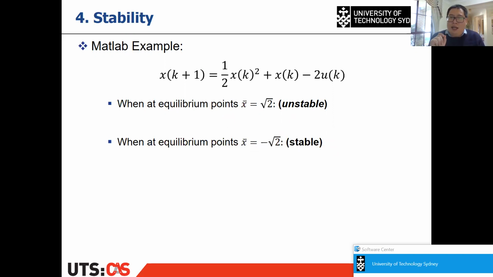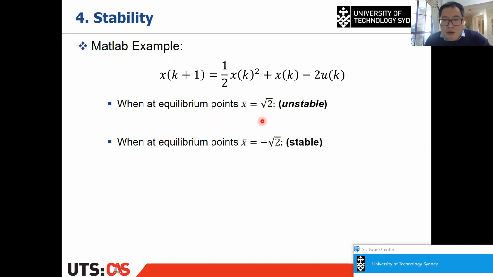I also made some changes, so that my initial state is a little bit offset compared to the equilibrium. If the initial state is not the equilibrium, for the unstable case, it will directly diverge.